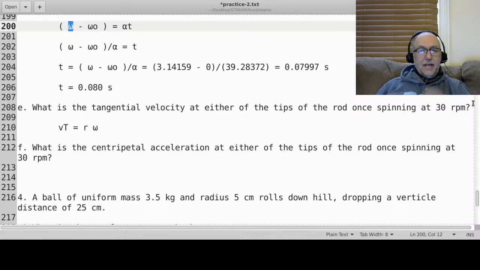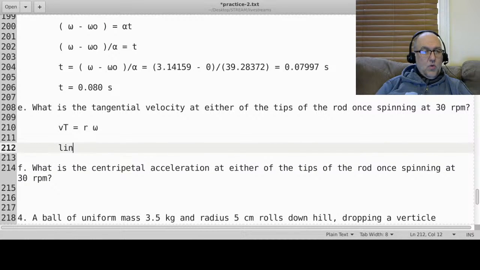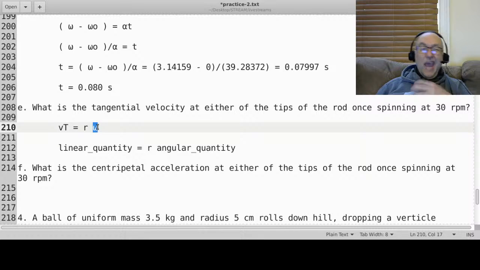Okay, and there's a series of three of these. They're all of the form linear quantity is equal to r times the equivalent angular quantity. So you see here, omega is the angular equivalent of the linear velocity.